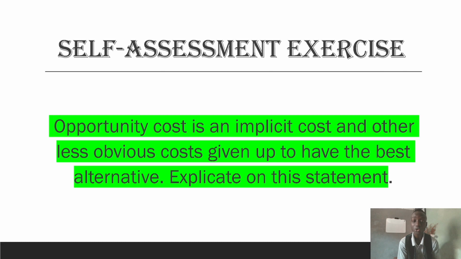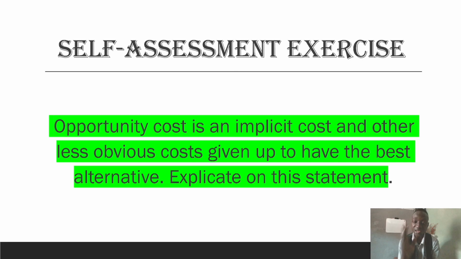From what we have said earlier on, opportunity cost is letting go of something you require. Now, in that process of letting go, there is a cost which is implicit. Implicit in the sense that this cost can't be avoided, because there are multiple choices you could have taken, but you have to take one in order to favor the other.